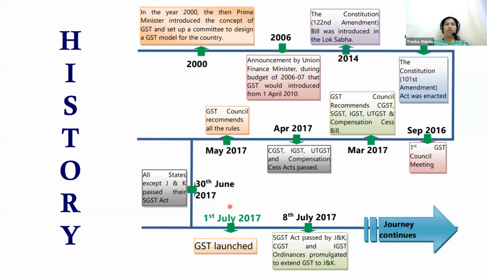So including Jammu and Kashmir, all states are covered by the GST Act. So if you are ever asked for the launching date of GST, your answer will be 1st July 2017. And later on, the journey continues.